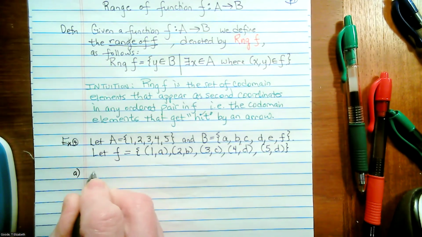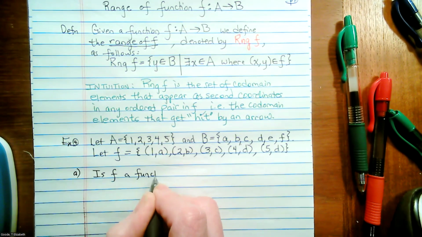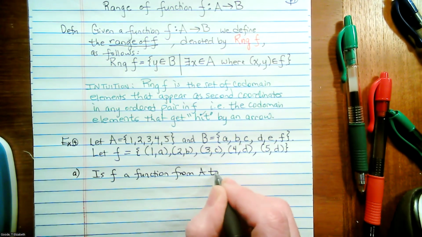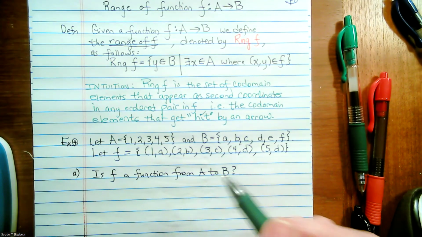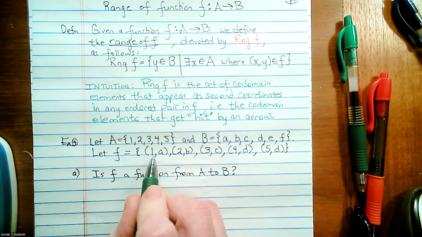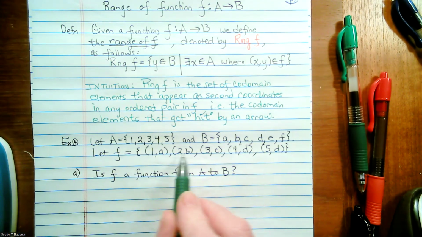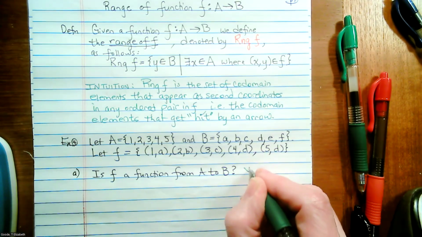So part A: is f a function from A to B? I think you can see that that is a yes, because each element of the domain, namely 1, 2, 3, 4, and 5, appears exactly once as a first coordinate in an ordered pair in the function.